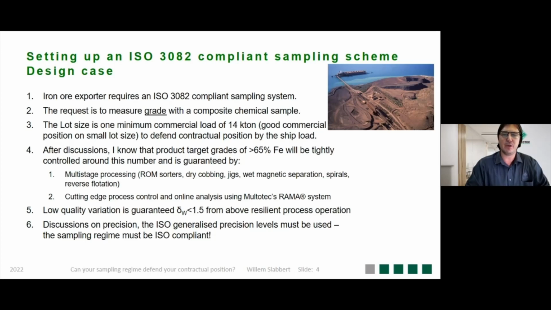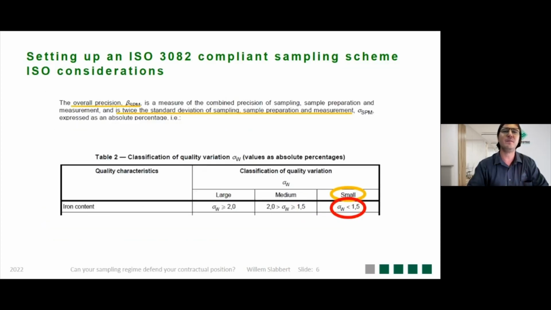In our discussion on precision, the ISO generalized precision levels were preferred by the client, and with a tongue-in-cheek, they also told us that the system has to be ISO compliant. So what question are you asking us around precision level? The overall precision, first of all, important to understand, is a measure of the combined precision of sampling, sample preparation, and measurement or analysis.